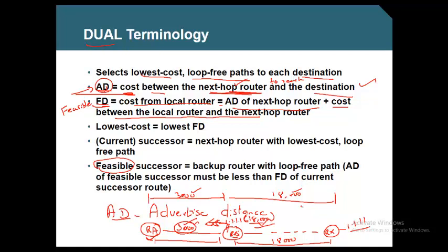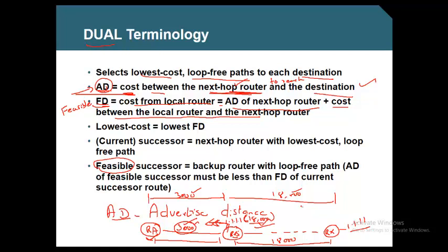That advertisement only gave a partial metric, isn't it? If you don't get advertisement, if RA doesn't get advertisement from R1, how does RA know that it is 21,000? 18,000 plus 3,000 is 21,000.